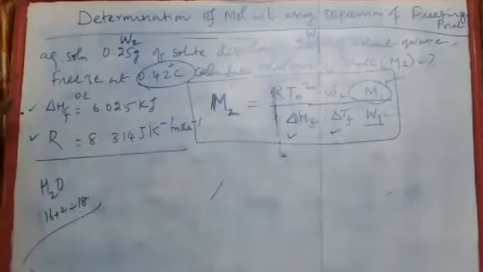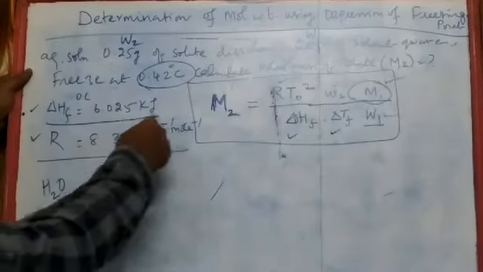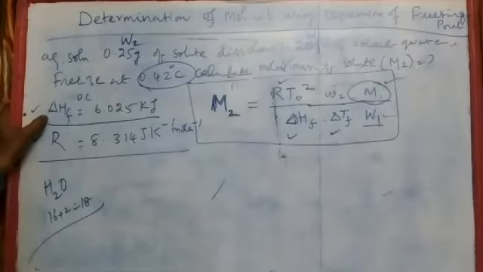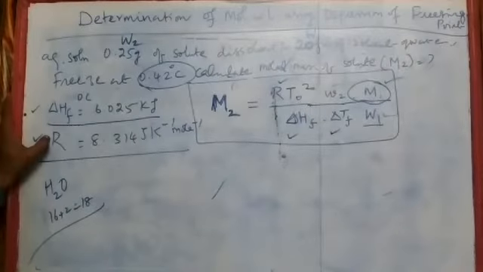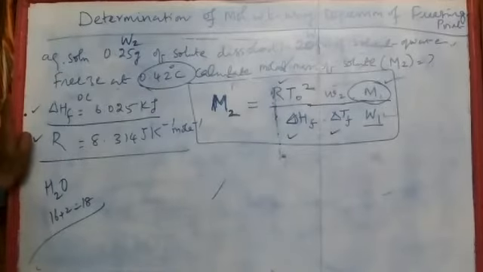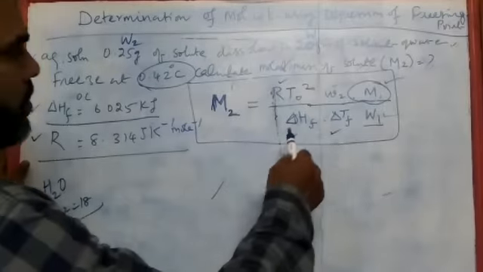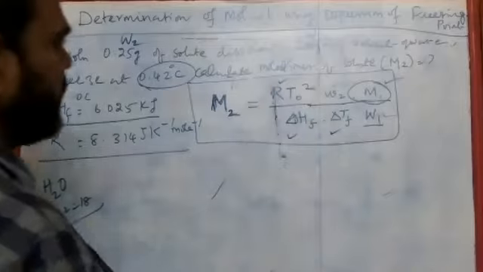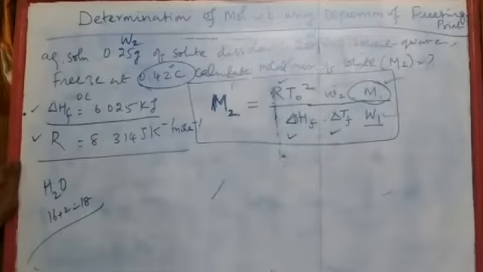You are provided with these values: delta HF is 6.025 kilojoules and R, the gas constant, is 8.314 joules per Kelvin per mole. So you must know these values: delta HF, R, T0 squared, W2, delta TF and W1.